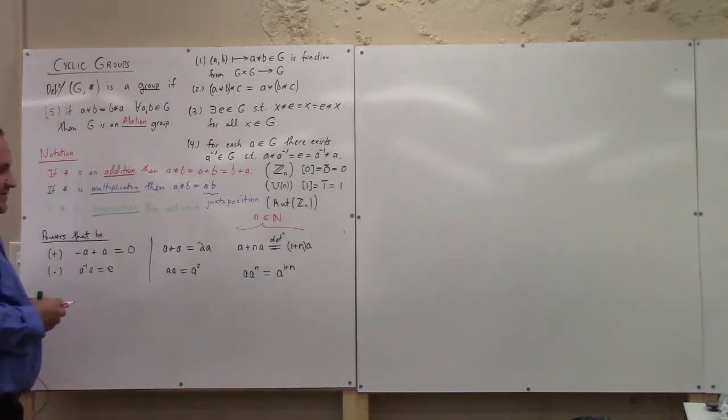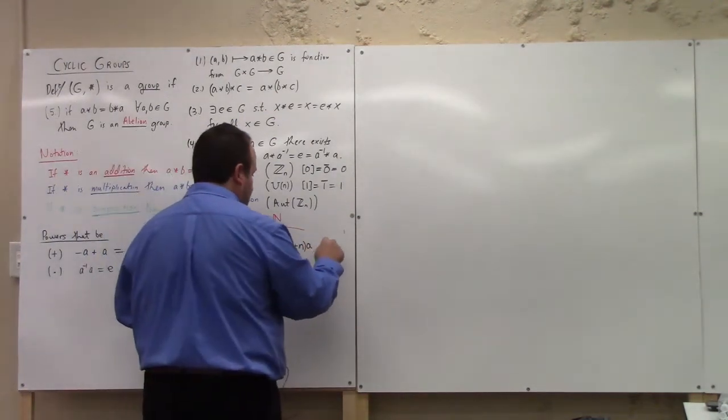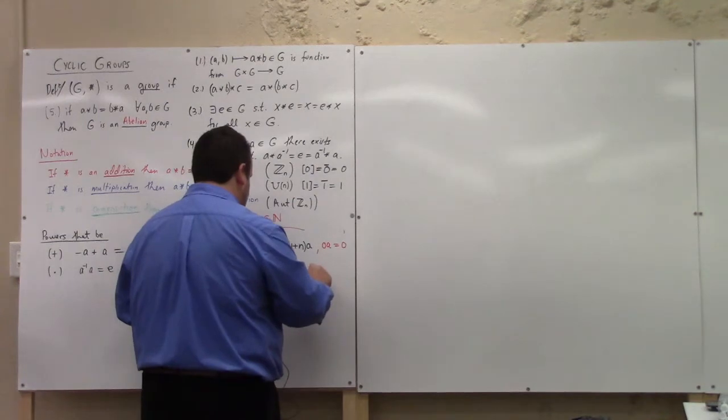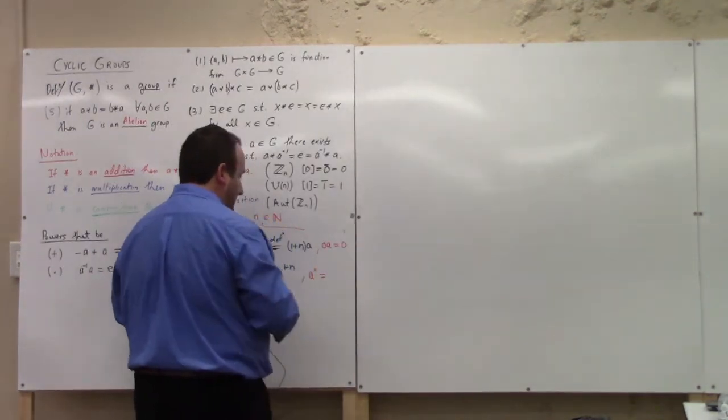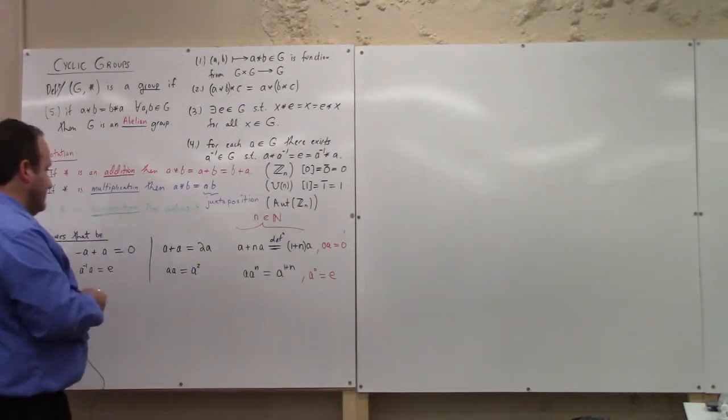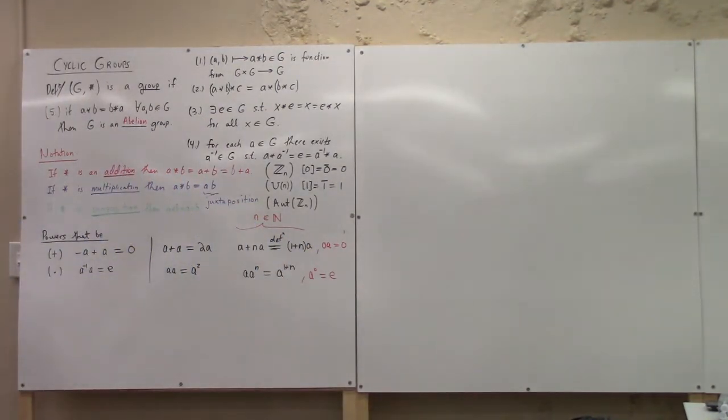To get the recursion starting, we probably need to know that 0 times A is equal to 0, and A to the 0 is 1, or in this case, e, if I'm sticking with e as the multiplicative identity, as I'll try to in this lecture.